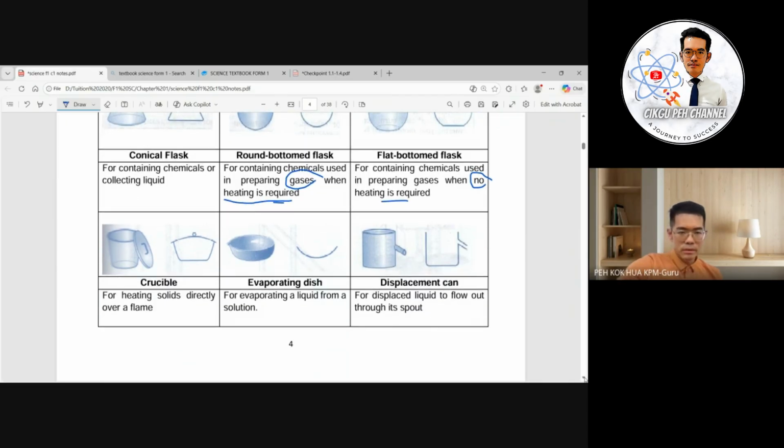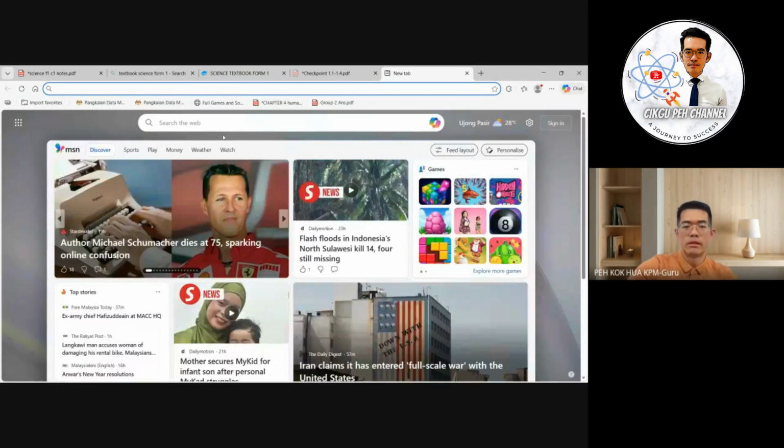Crucible. So crucible, again, you need to know the outline, for heating solid directly over the flame. So normally the crucible is made up of a material that's not glass, what is it called? Have you seen a crucible before?